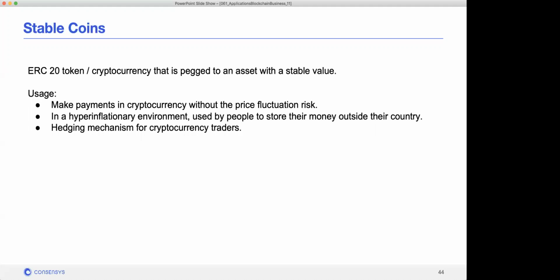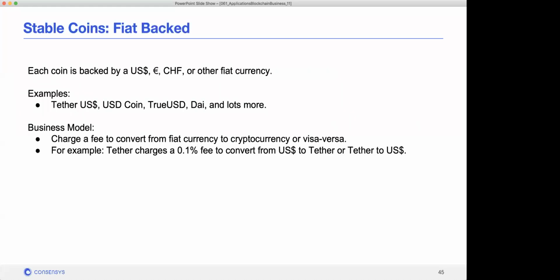People also use stablecoins for hedging. Essentially, if you're a cryptocurrency trader and you want to put your money into US dollars temporarily, you can use a stablecoin. So you've got fiat-backed stablecoins, but you could also have other ones, say, backed by gold or something like that. There are these examples across here: Tether, USD, True USD, DAI, and others.